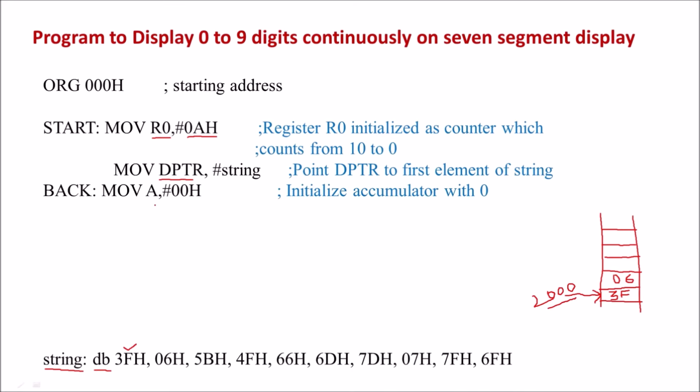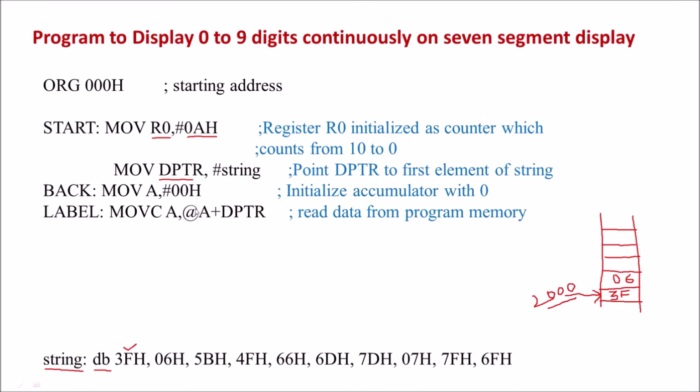The next is we are initializing accumulator A with value 00H and then we'll read data from this lookup table. For that we'll use the MOVC instruction, because we are reading data from program memory, and to read data from program memory the instruction is MOVC. We'll use this instruction: A comma at A plus DPTR. A is initialized to 0 and the starting address of the lookup table is stored in DPTR.